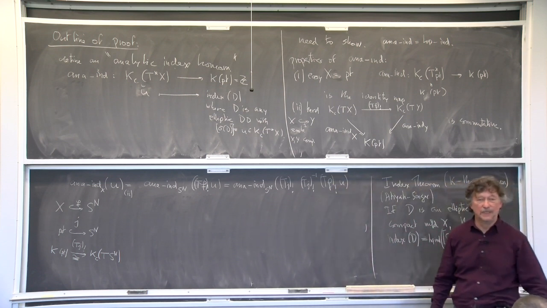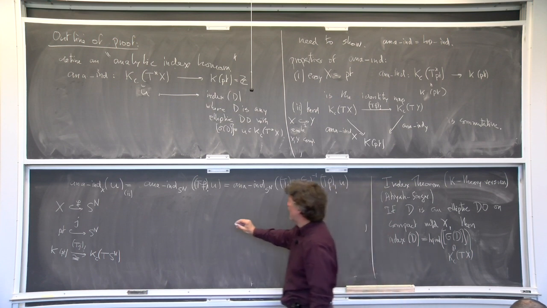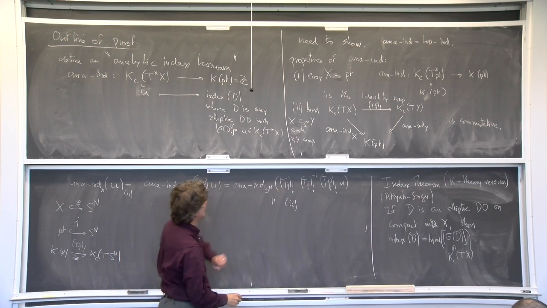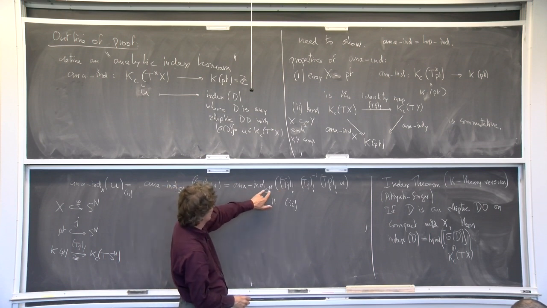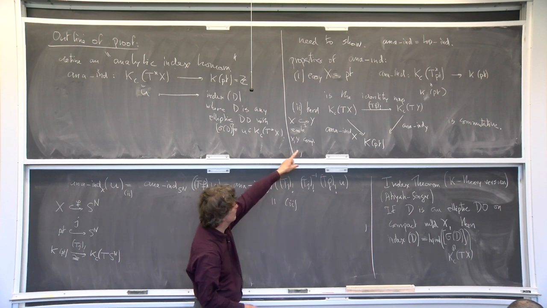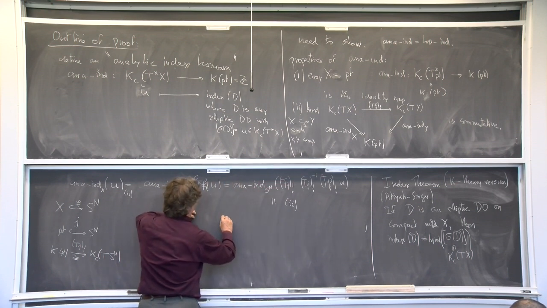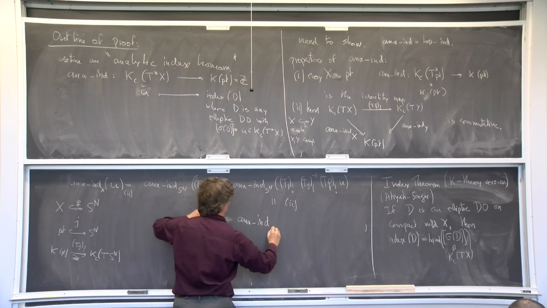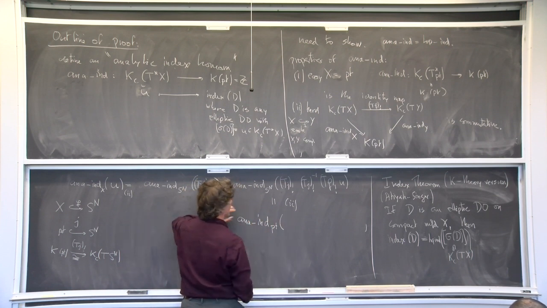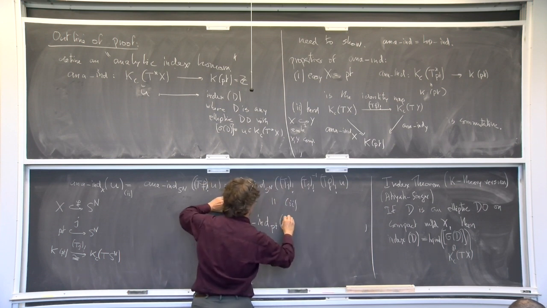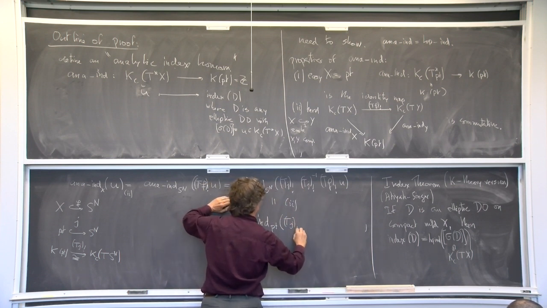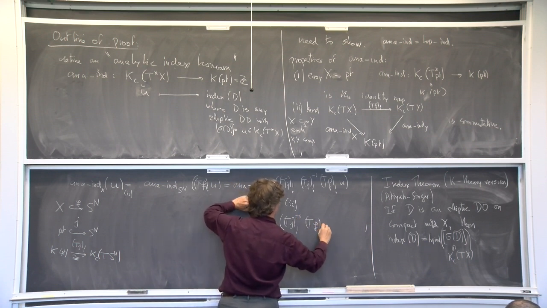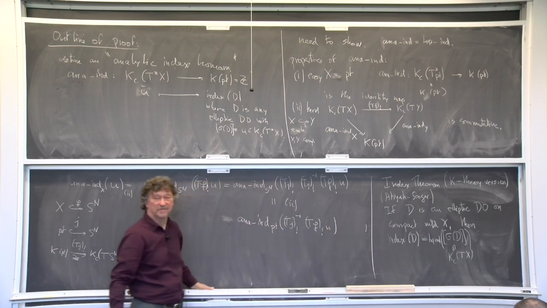Everybody happy so far? Okay, now I use property 2 again, but now applied to J. This is saying the analytical index of S^n applied to this Tj shriek is the same thing as the analytical index of a point applied to Tj shriek inverse times Tf shriek.